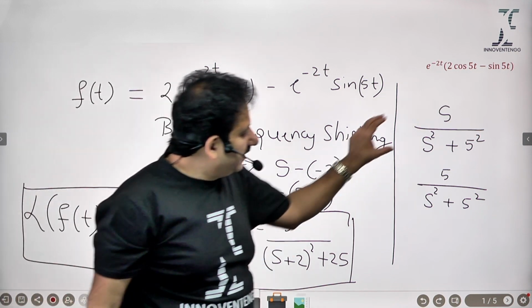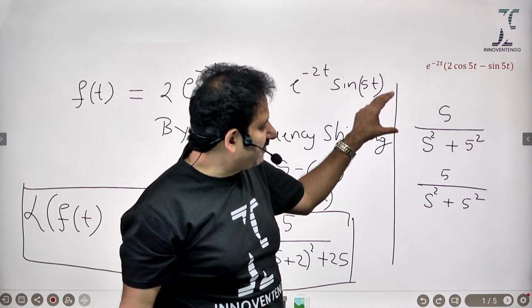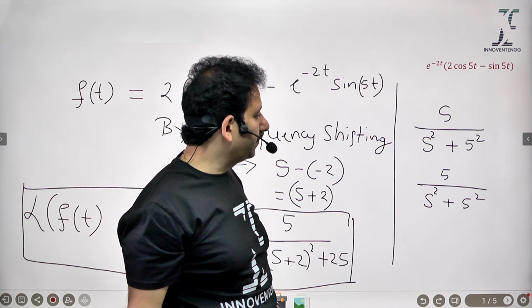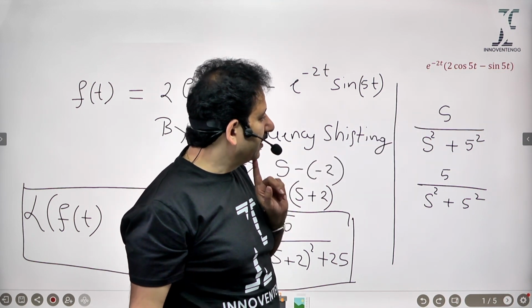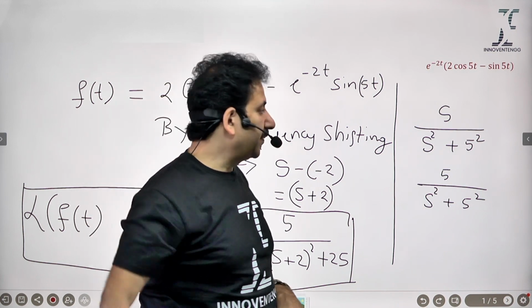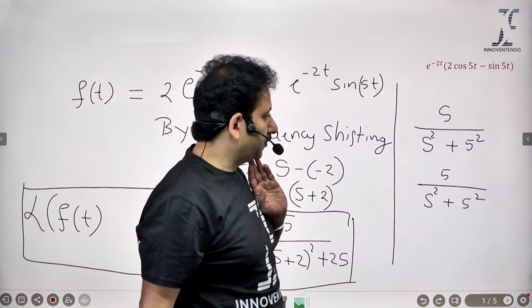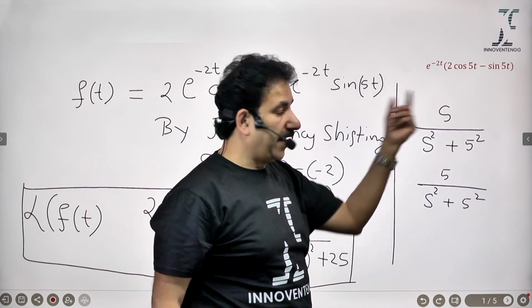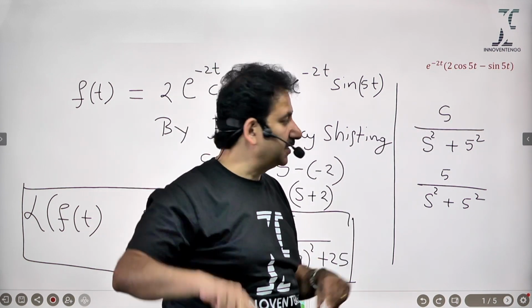Also, when we derived this from a physical system, from a differential equation, you remember that s came because your initial displacement was not 0. Remember s into x of 0, so s survived.